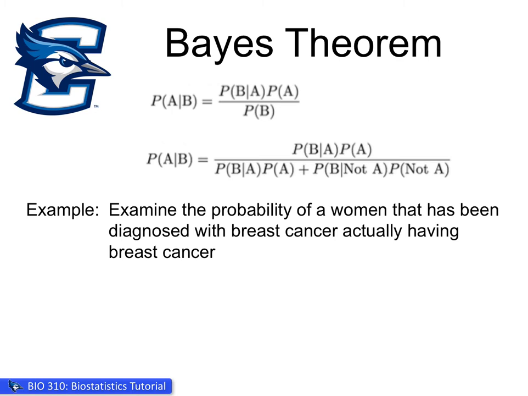So essentially what we're getting at with Bayes' theorem in this example is the false positive rate versus the accurate positive rate of a test. So in this case, a woman has been diagnosed with breast cancer, and after getting that initial diagnosis, what are the odds that she actually has breast cancer?